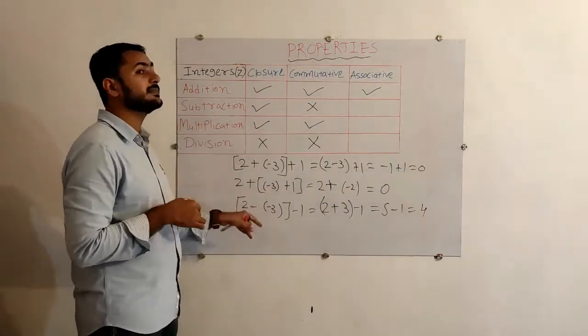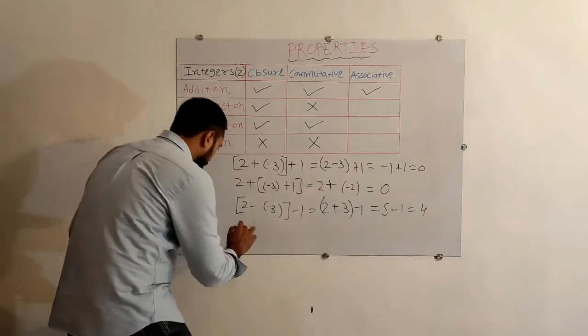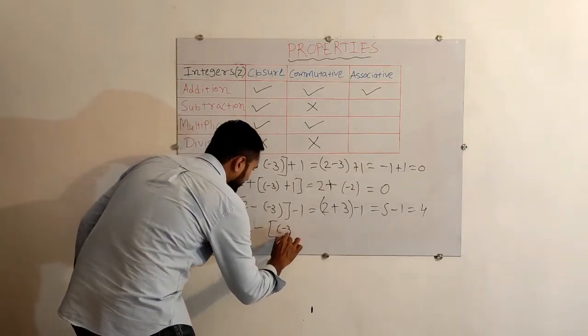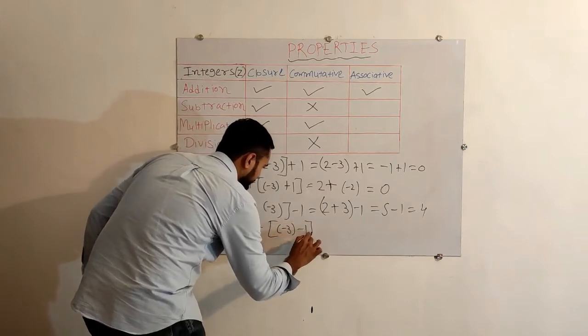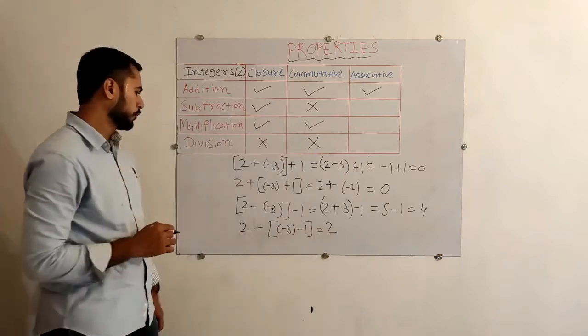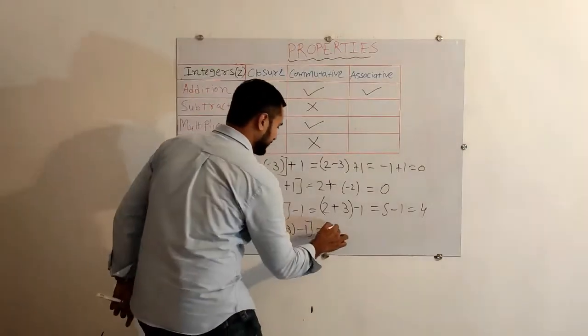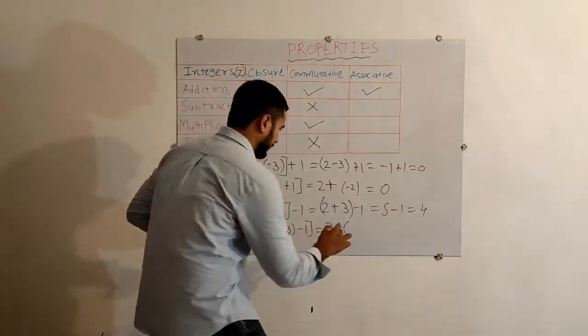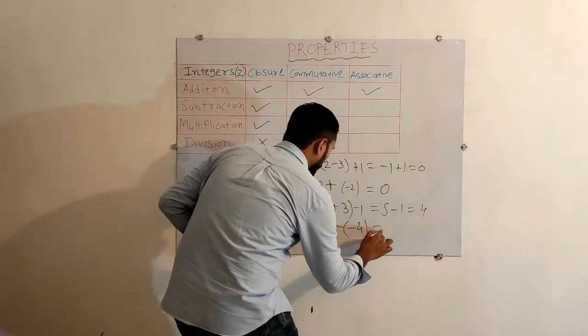Now again I have to do the same thing but with a different group. Here 2 minus (minus 3 minus 1). So 2 minus sign as it is, bracket: minus 3 and minus 1 is minus 4. That's minus 4.